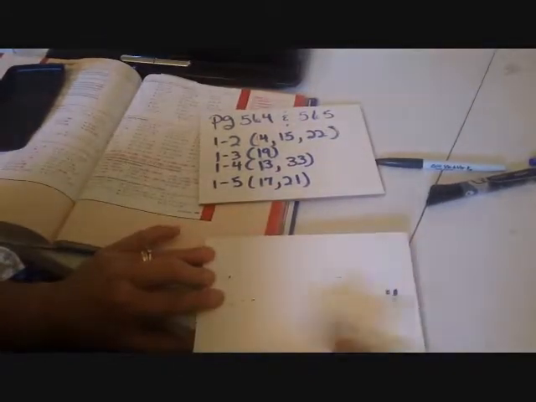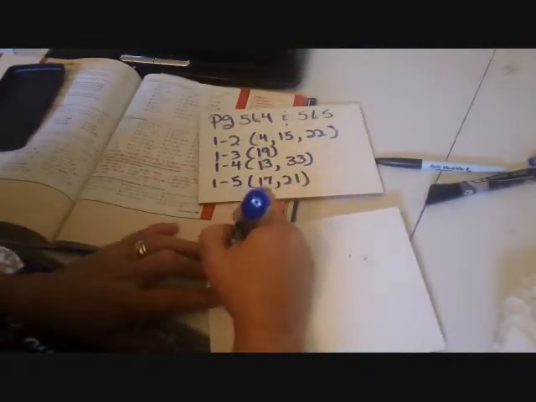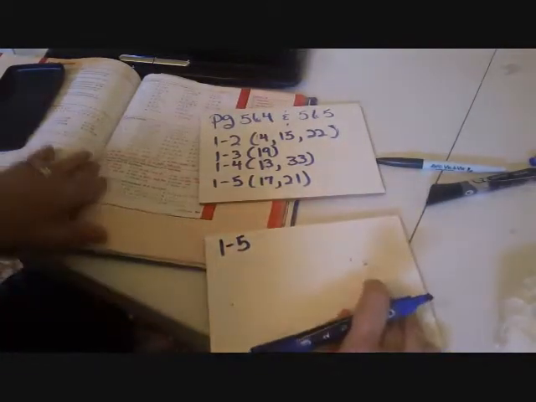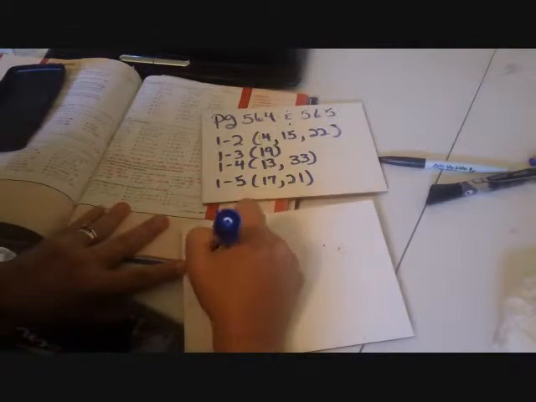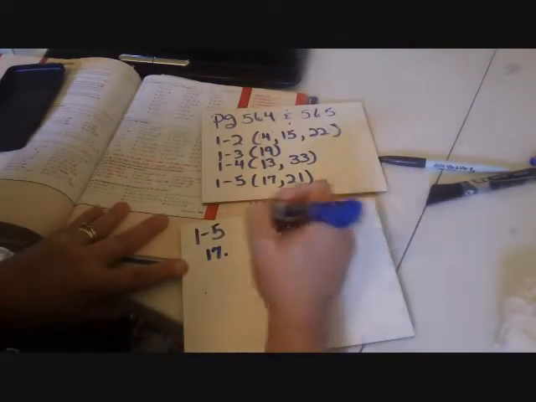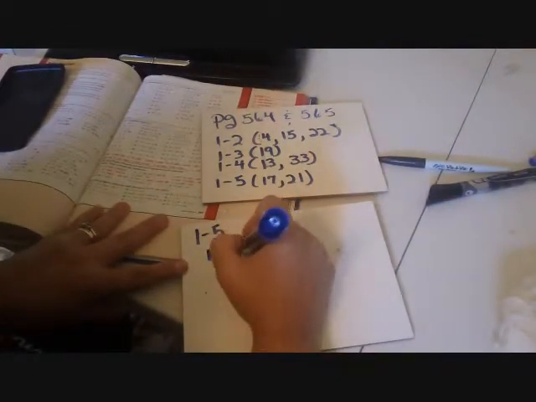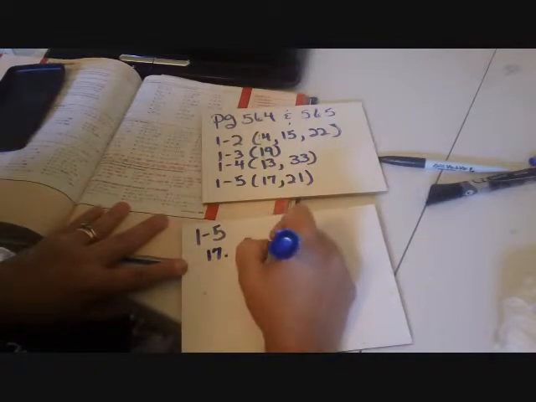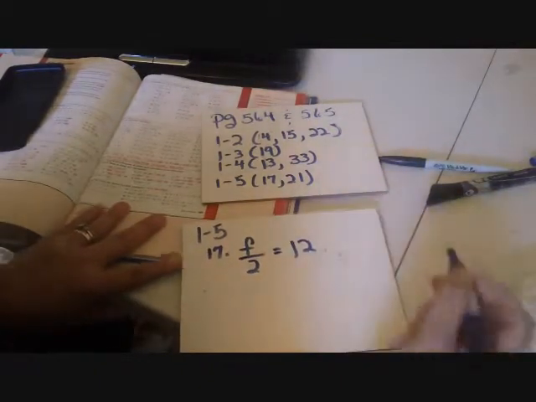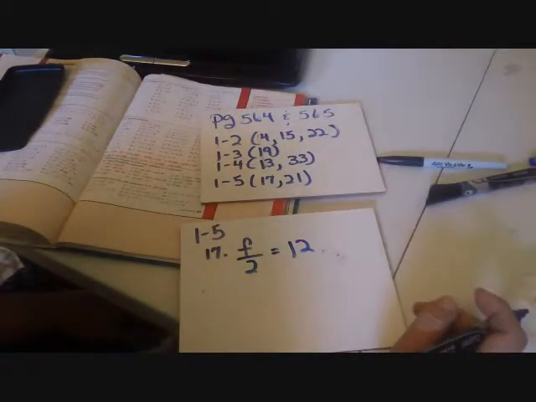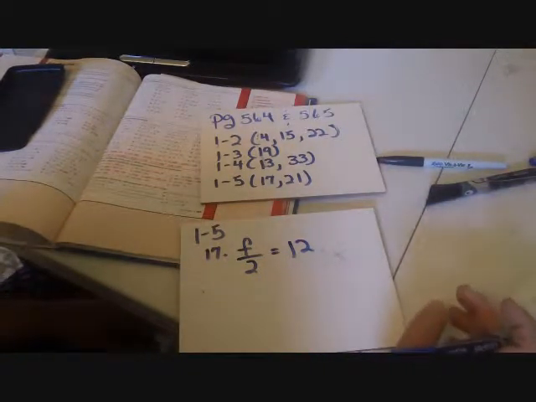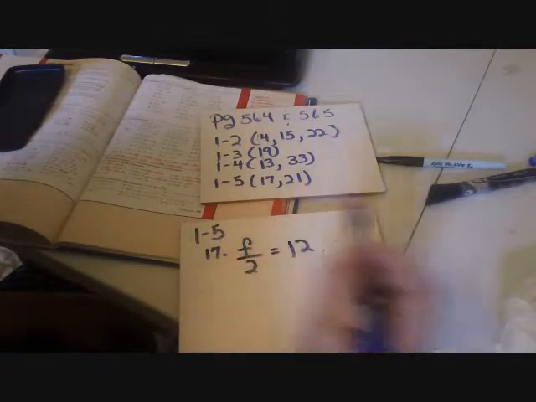Now let's look at the last section of this homework. It's 1-5, and it's on page 565, and I'm going to do 2 of those. Number 17 is the first one I'm going to do, and you have f over 2 equals 12. It asks us to solve this equation mentally, and I can do that pretty easily as long as I know what the fraction bar means.